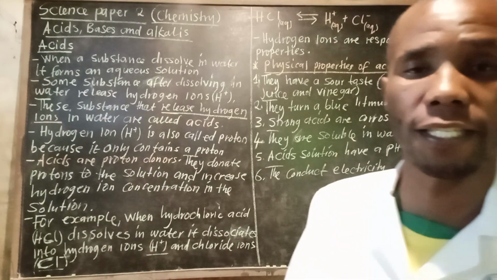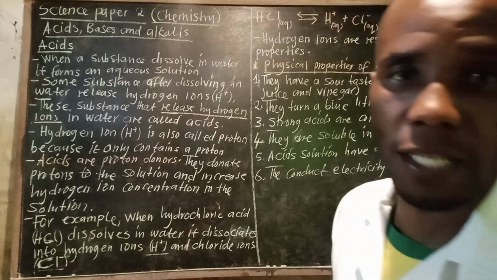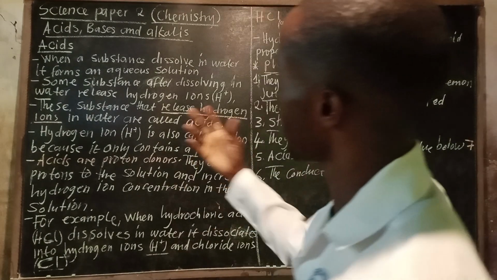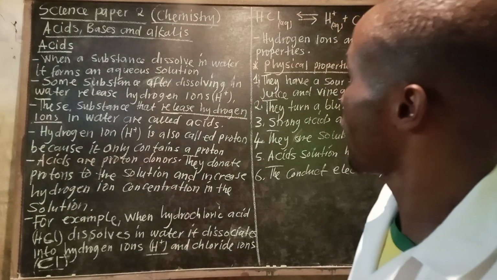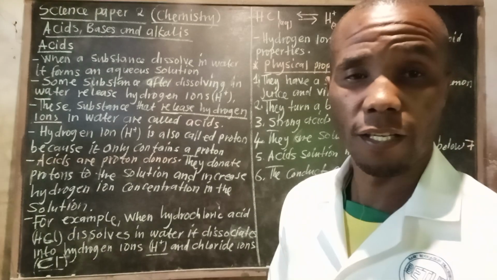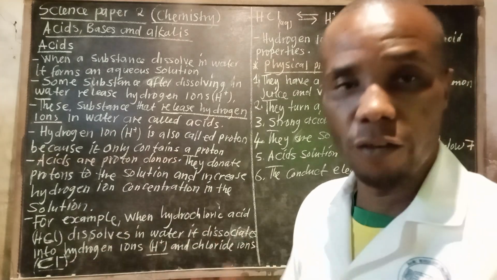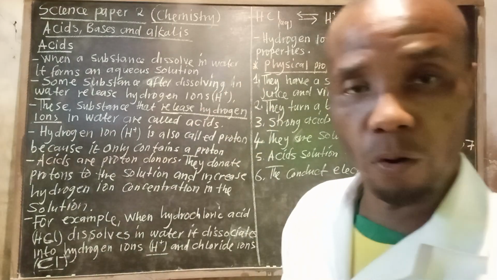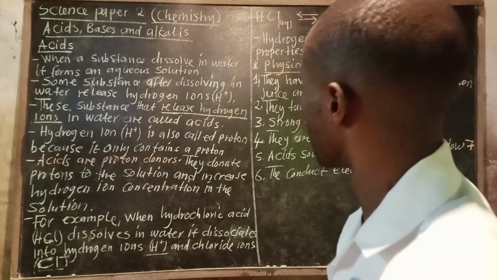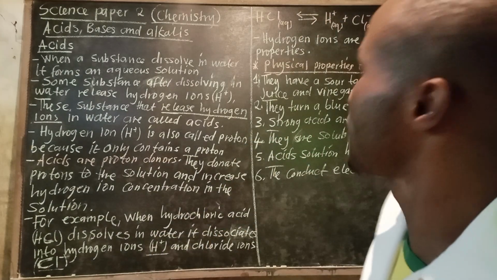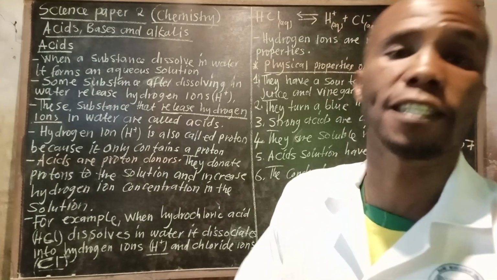Point two: some substances, after dissolving in water, release hydrogen ions. It's not every substance that releases hydrogen ions when dissolved in water; there are just some substances that do that. These substances that release hydrogen ions in water once they dissolve are called acids.